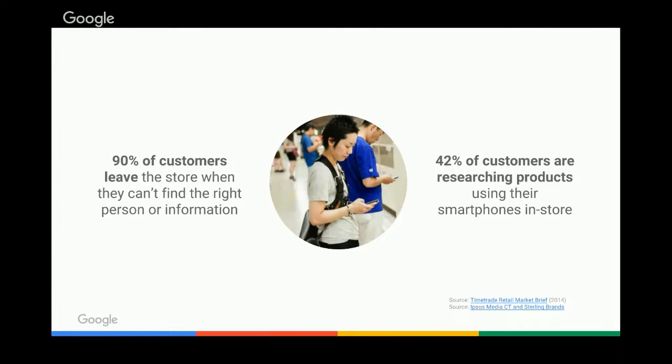So just from a high-level perspective, what's happening today is the following. 90% of customers leave the store when they can't find the right information. So you're dealing with a customer base that has a very limited attention span due to time constraints and is thus highly results-oriented. In conjunction with that, the other phenomenon is that while inside the store, 42% of customers are doing real-time research using their smartphones.